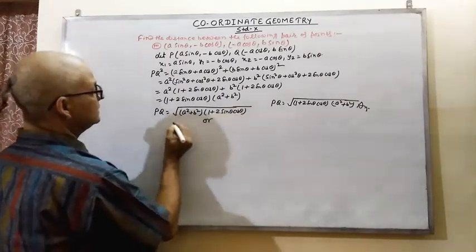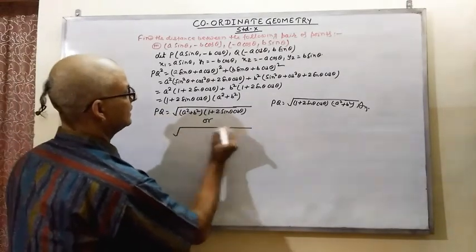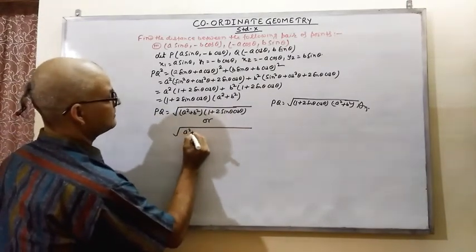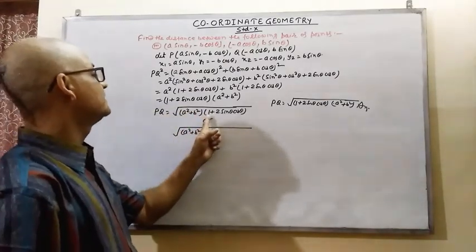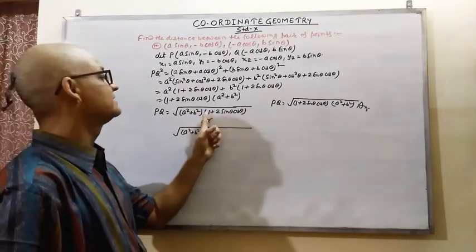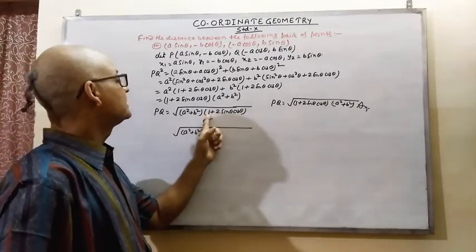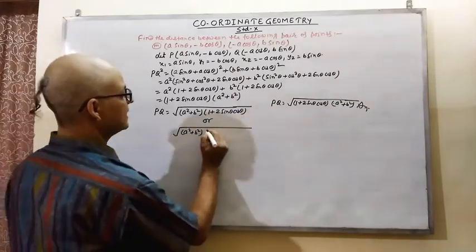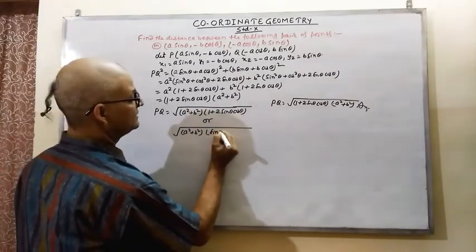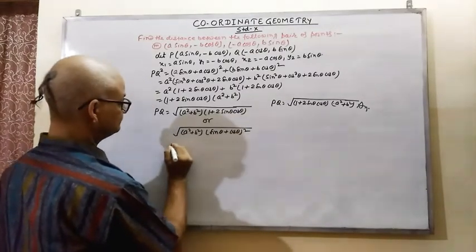Or in some books it is given in this way, root under a square plus b square, and this can be understood as sin square theta plus cos square theta plus 2 sin theta cos theta, which can be written as sin theta plus cos theta whole square.